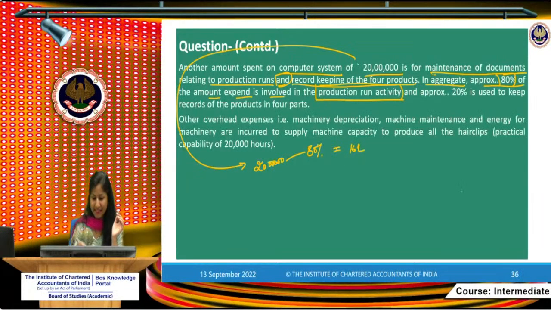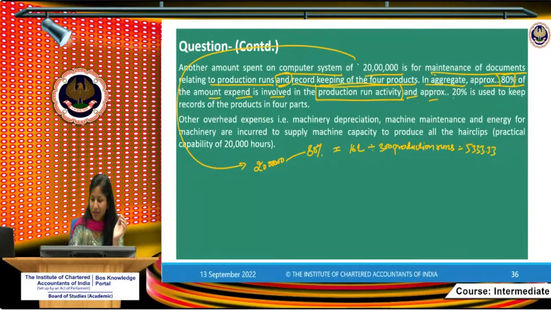So this 16 lakh would be divided by 300 production runs, which comes to 5,333.33 per production run.